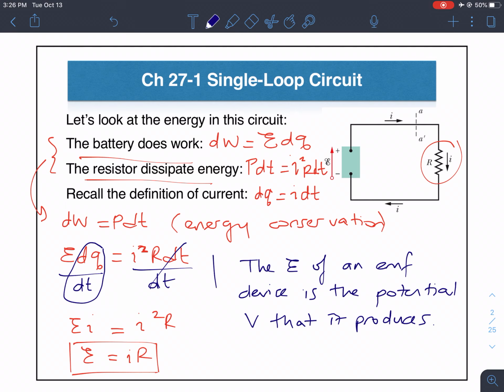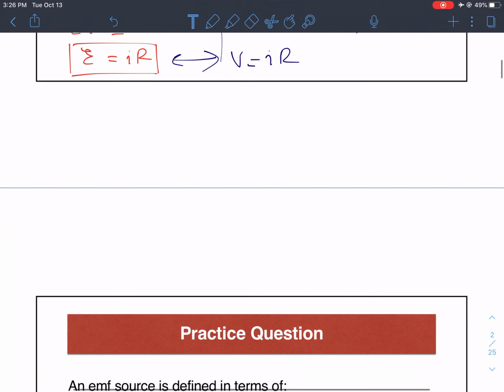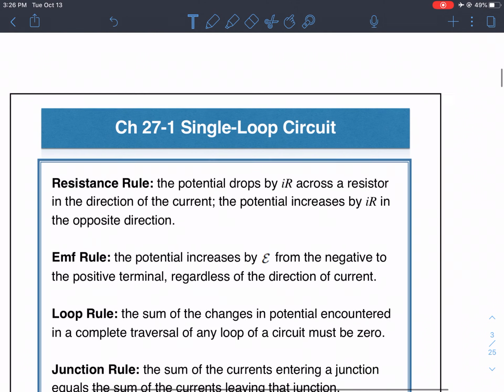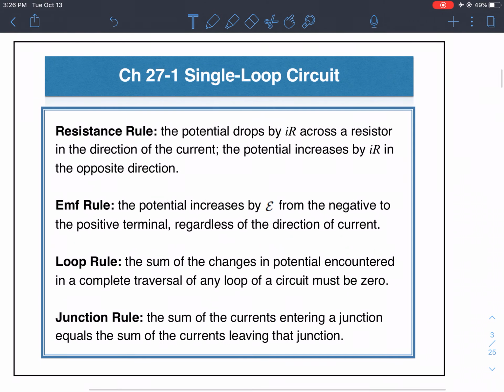So that's what the EMF is. How do we know that? Look at this equation. We know Ohm's law, right? V is equal to IR, and dimension-wise and equation-wise, everything matches. So EMF should be like V, so that means it's like a potential. It's not really a force, so keep that in mind. And after this, we will talk about the practice question and we will discuss some rules next.